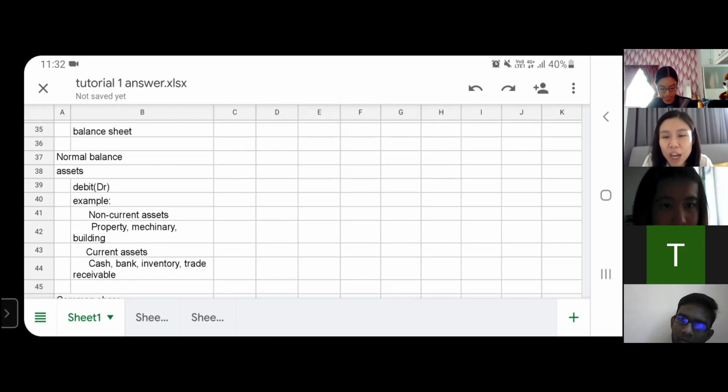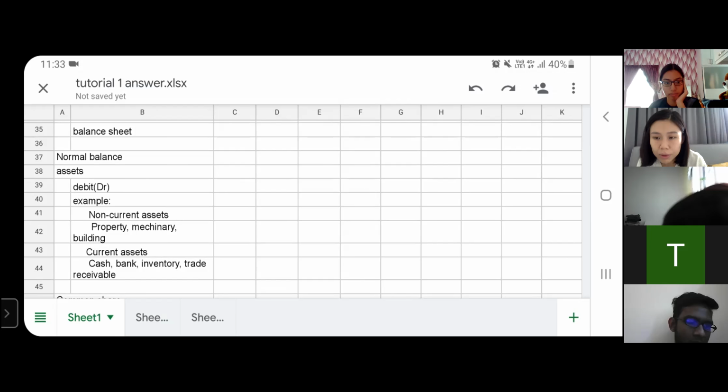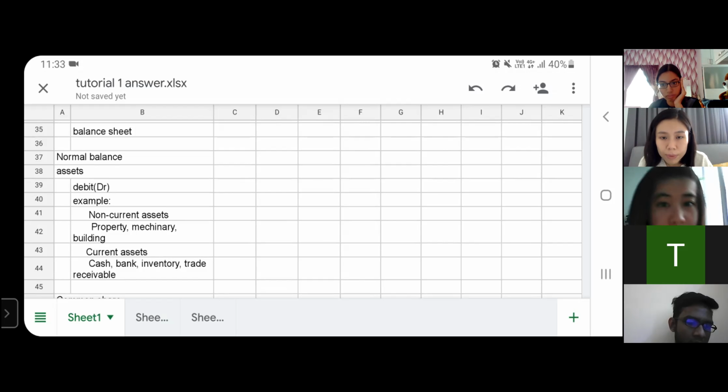Can you change in the middle? In the beginning I use straight line, then after two years I feel like I want to change. Can I change to reducing? No. Why? Normally there is an assumption, so the depreciation method will not be easy to change.